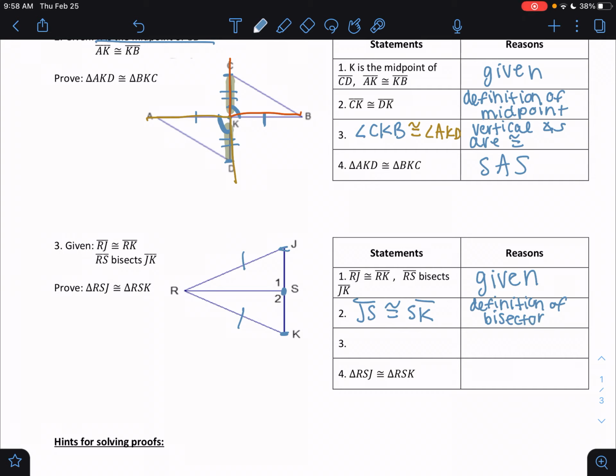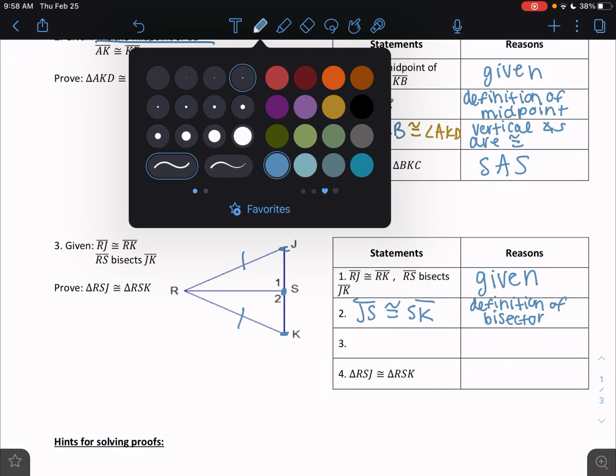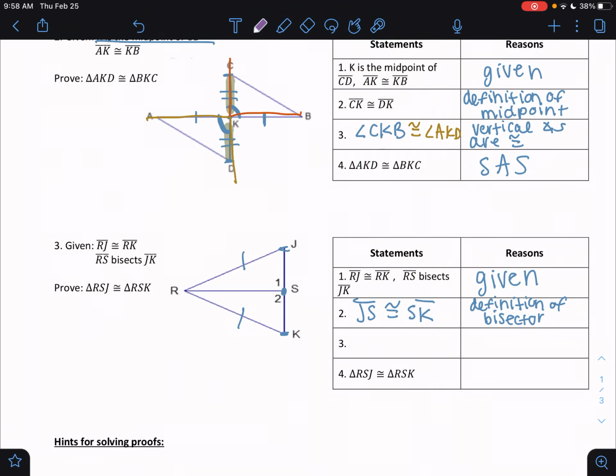Now, one thing I want to note here is that it doesn't say it's a perpendicular bisector, it just says it's a bisector. So we can't note any right angles because it doesn't tell us that it's perpendicular, it only tells us that it cuts it in half. If it was perpendicular, that would prove right angles, but it doesn't, so we can't have any right angles here. And then the next thing that we can note is that RS is congruent to RS.